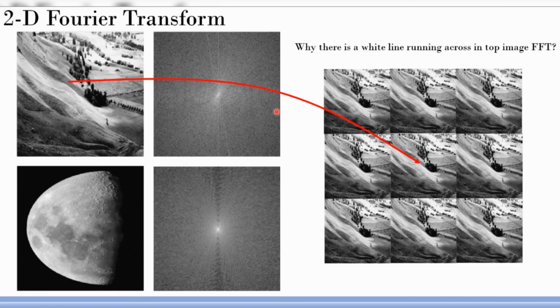The only possible way is, instead of assuming it to be like this, you multiply the image with a Gaussian window. Let's say you have a Gaussian window with the mean of the Gaussian at the center of the image, and the spread almost covering the entire image. In that way you can reduce the intensity values at the border, and if you do that, you will have something similar to this image.